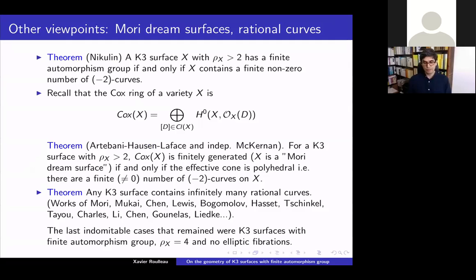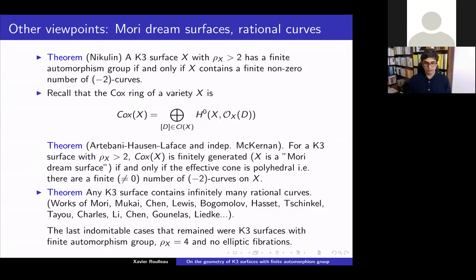Yes, a last point of view, which is interesting for these surfaces, is the nice result of many people. So there is the list here, that a K3 surface contains infinitely many rational curves, where rational curves here means a surface of geometric genus 0, so maybe singular.